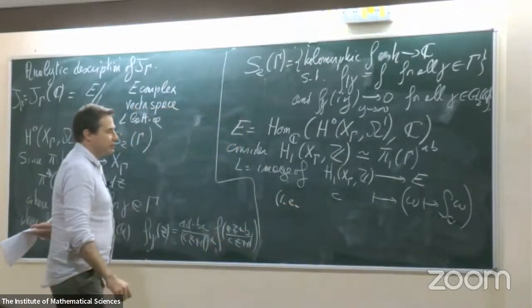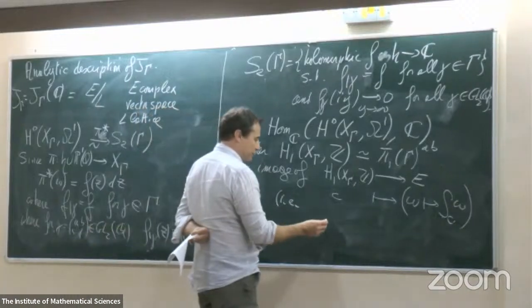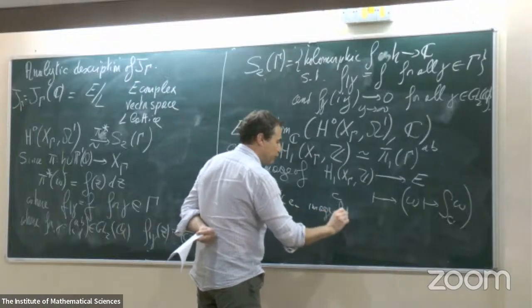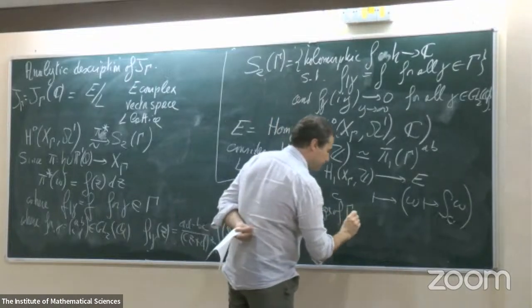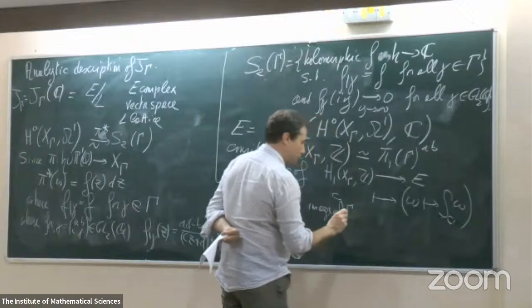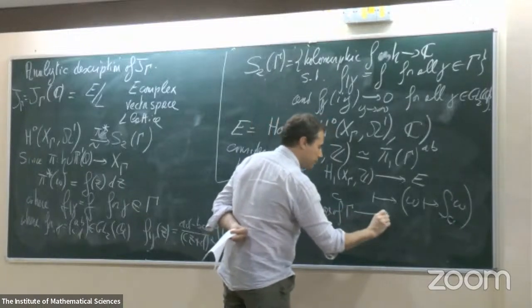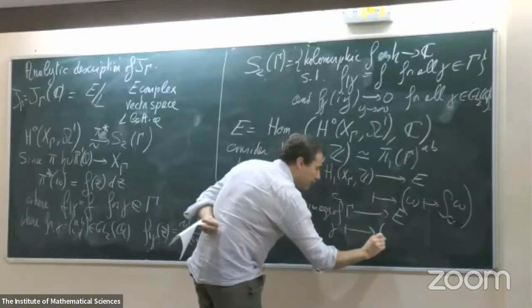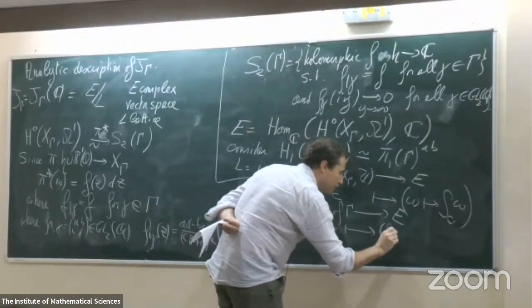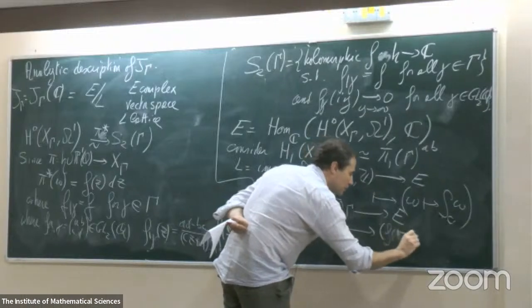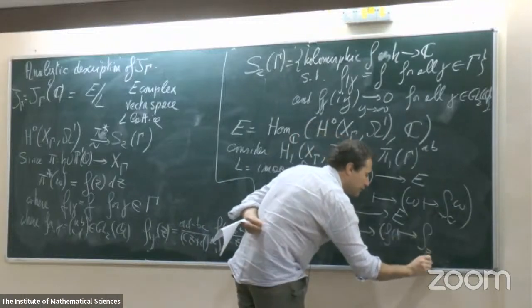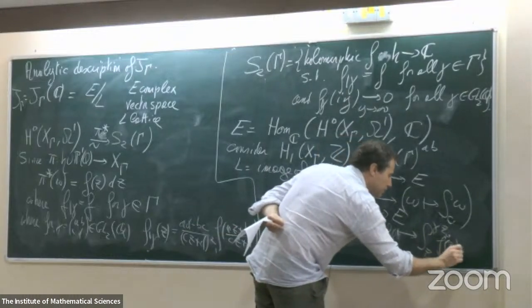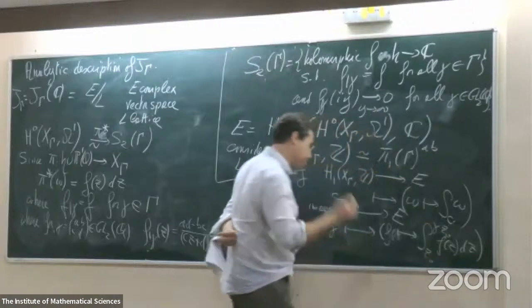An explicit description is the following. This is the image of the map which goes from gamma to E, which to a matrix gamma associates the map which to a modular form F associates the integral from Z0 to gamma Z0 of F of z dz.